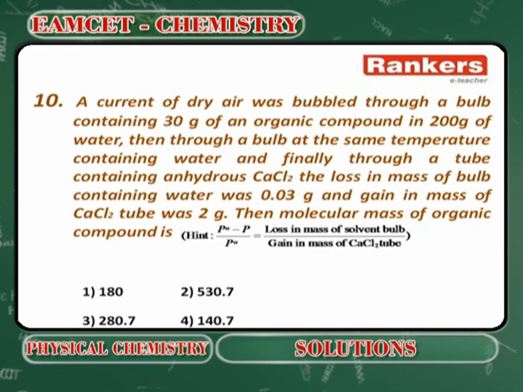This model we have done already anyhow. So P naught minus P is equal to the loss in the mass of the solvent bulb.